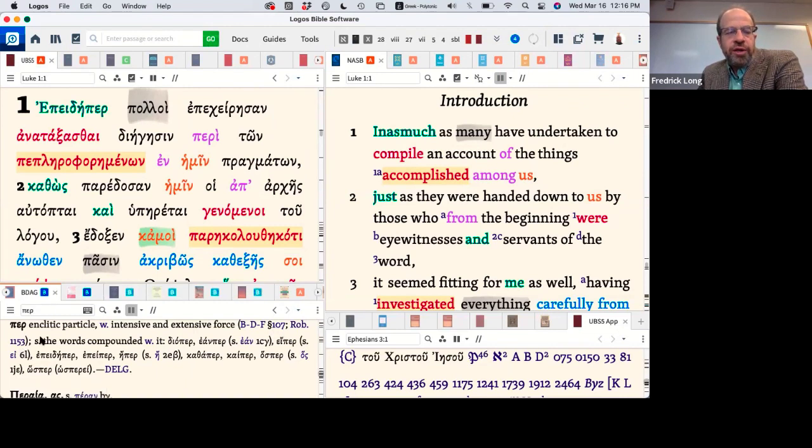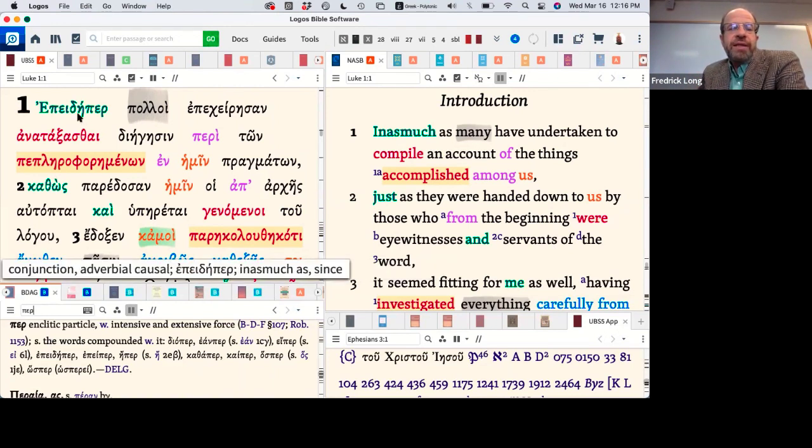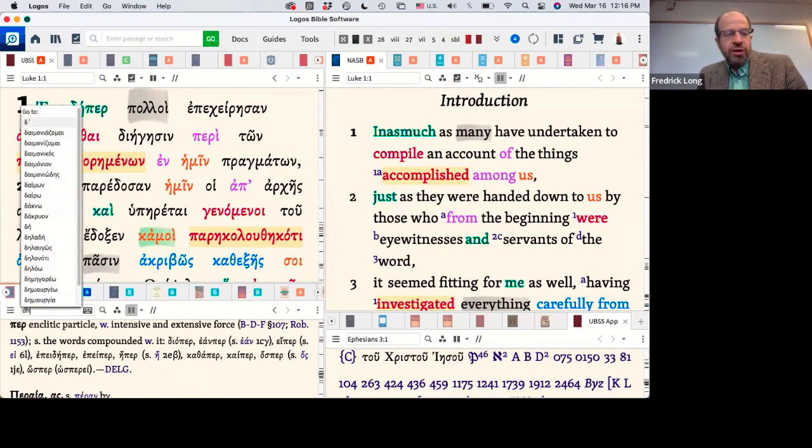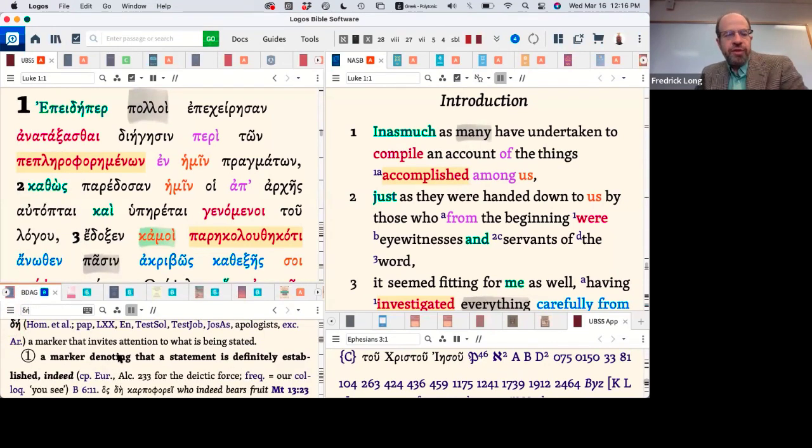So when this word is added to a conjunction, there's some additional stress on it. It takes a little bit more cognitive effort for the listener to hear it. They would recognize this as being jacked up. And then the de is also adding something here. You get these long conjunctions that are piling up different things. Again, I think our lexicons are correct in this case, it's a marker that invites attention to what is being stated.